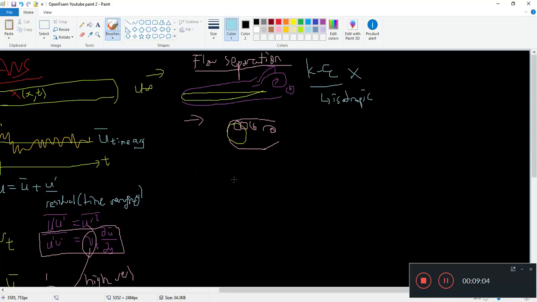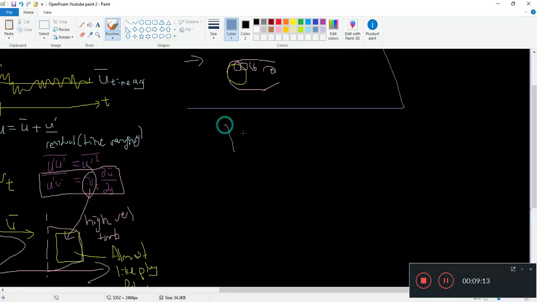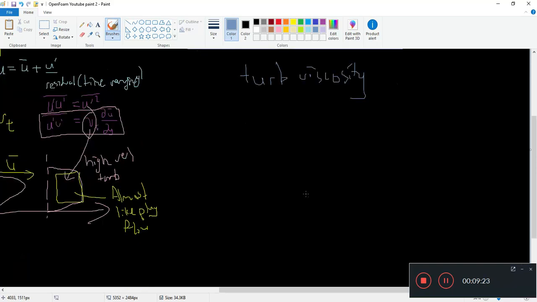So that's on one end of turbulence modeling: the turbulent viscosity models. And on the other end of the spectrum we have something called DNS.